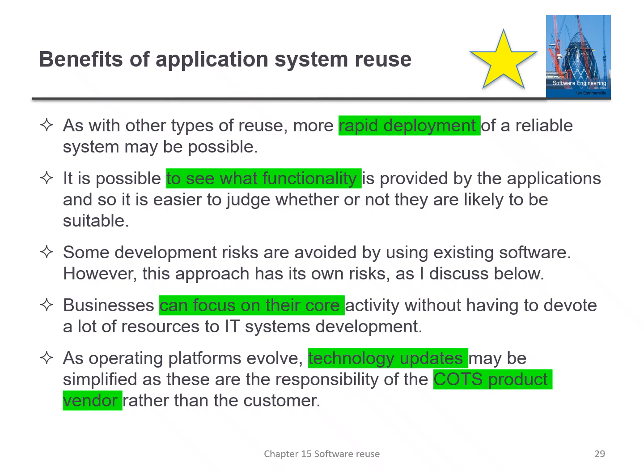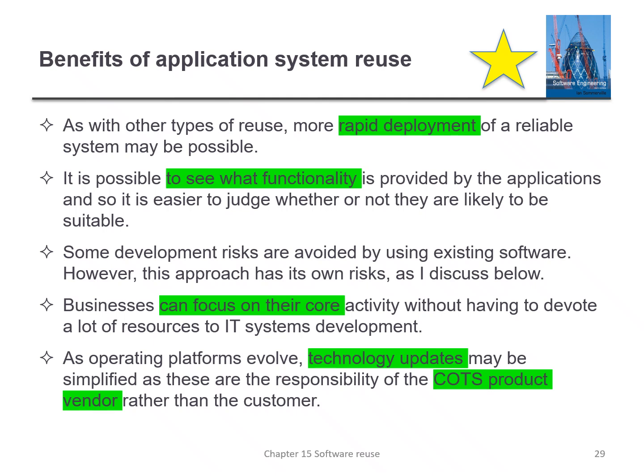Right, a good thing about application system reuse is that it's ready. In terms of deployment, it's ready, so it has rapid deployment. It is possible to see what functionality is provided by the application. Because it's ready, you can customize it, and you know what the functionality is. The business can focus more on core activities rather than trying to develop from zero, so you can focus on the core activities supported by the system.